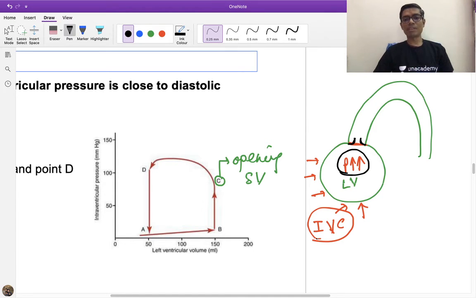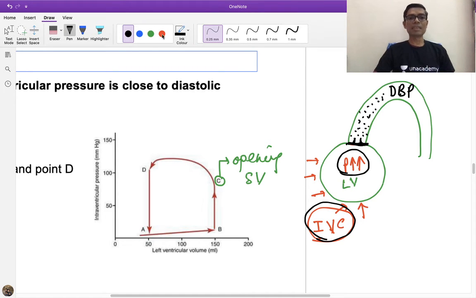Think: when the ventricle is contracting isovolumetrically, the semilunar valve is closed, so the pressure within the arch of aorta is the diastolic blood pressure. It is not the systolic blood pressure. The minimum blood pressure present in the aorta when the semilunar valves are closed is the diastolic blood pressure.